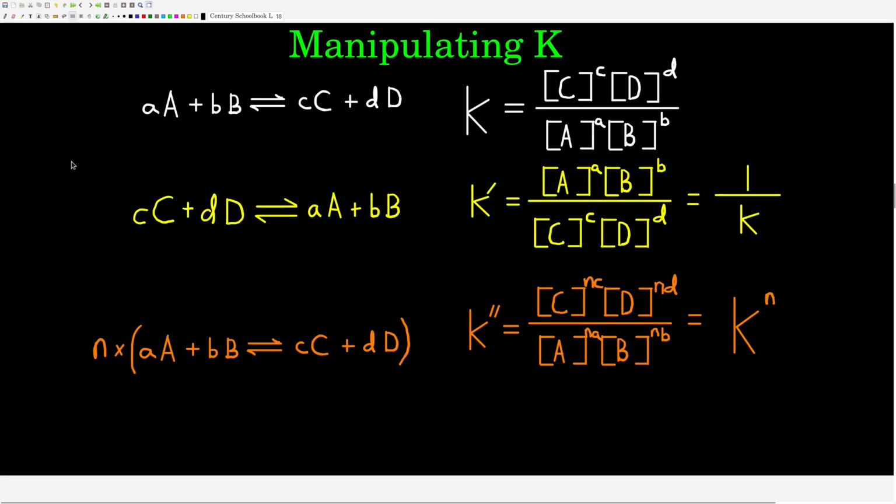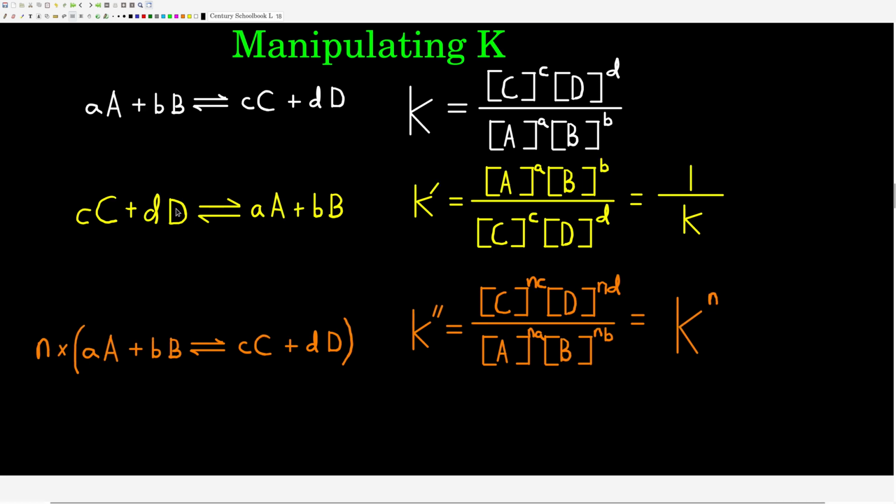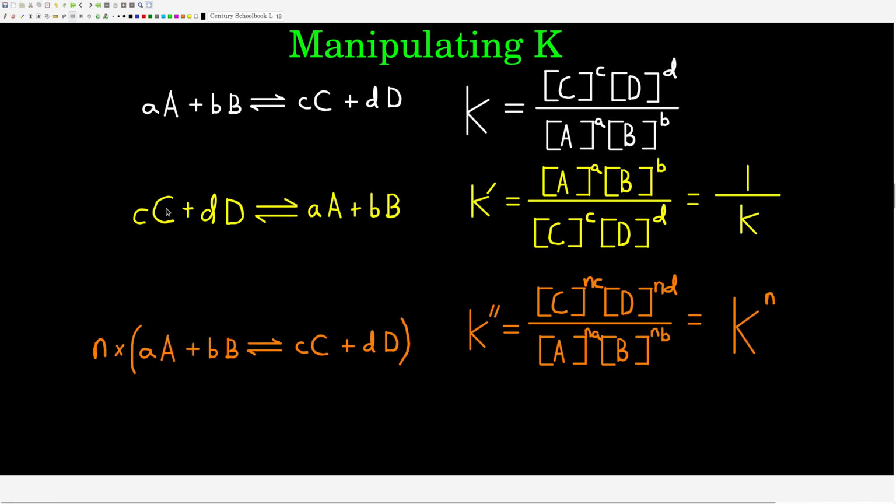All right, so we can manipulate the equilibrium constant, or rather, I should say, the equilibrium constant k changes when we manipulate the equations. And here's the two things we can do. If we reverse a chemical equation, an equilibrium reaction, if we write it in the reverse direction, so instead of A and B going to C and D, we write C and D in equilibrium with A and B, the equilibrium constant for this new equation is the inverse of the original.